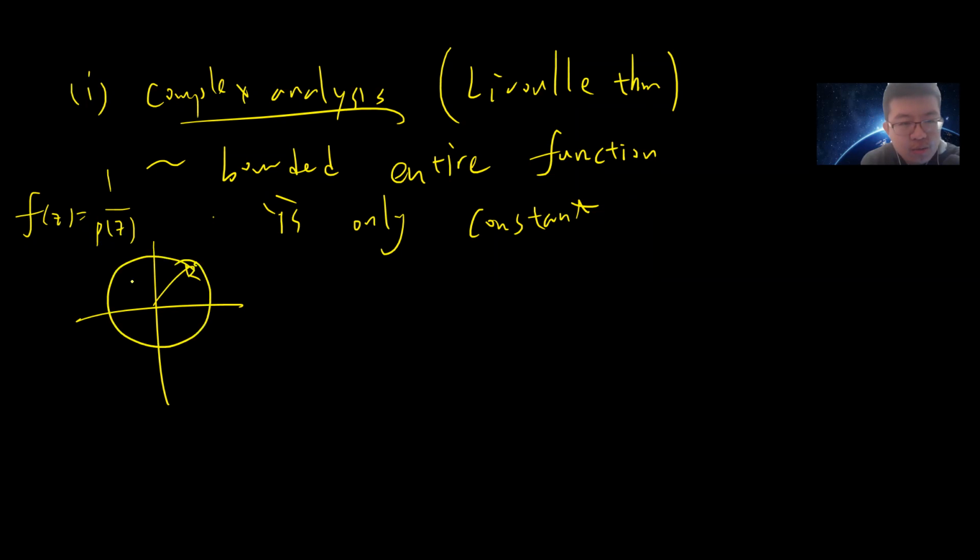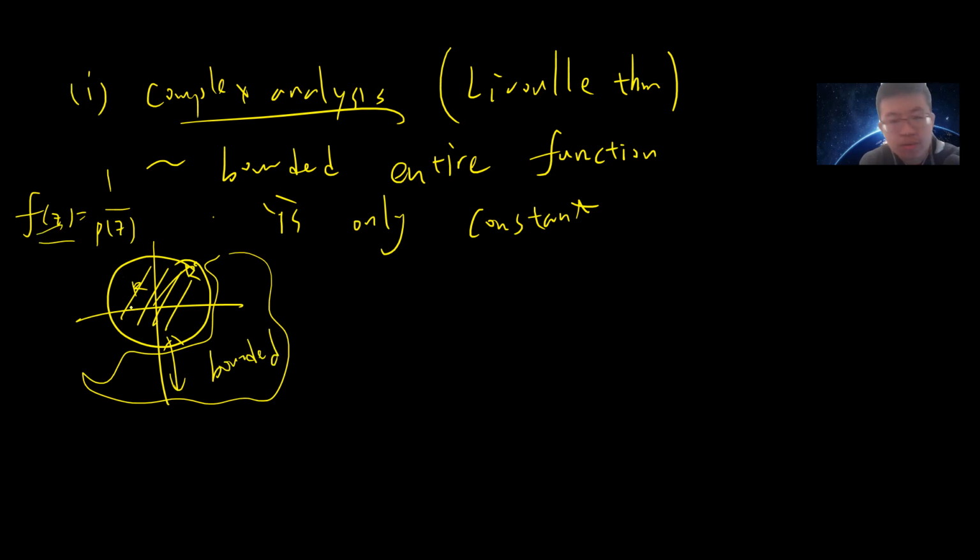Then you consider a radius r, and you can easily show that when r is picked large enough, the region larger than r will be bounded, and f(z) is a continuous function on the closed disk, so it is bounded there. So you can show this is a bounded entire function, so it must be constant. But this is a polynomial, so it should not be constant. Contradiction.